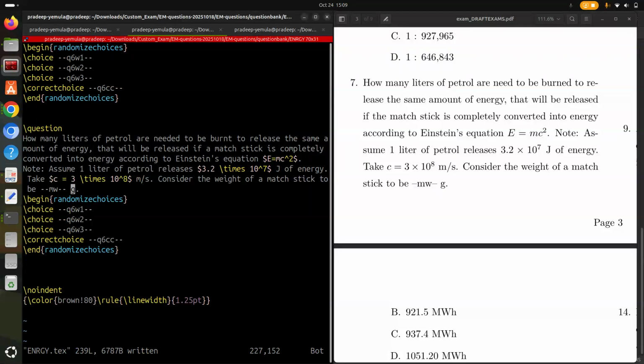Okay, so again, I think you're all with me, right? So now we need to solve the question. We have the question ready, and we need to solve it.